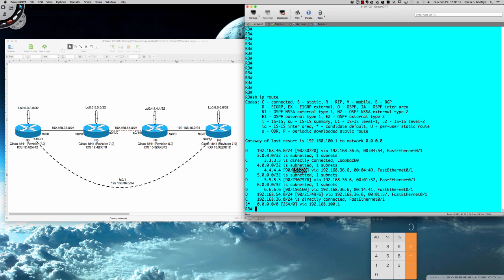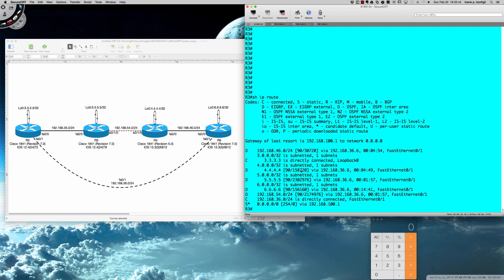It's 158,720, and we're going via, who's our successor? The successor is router 6. It's been in the routing table for 4 minutes and 49 seconds, and the outgoing interface that I'm going to send my traffic to get there is FastEthernet 0/1. So the question now becomes, how is this value calculated?